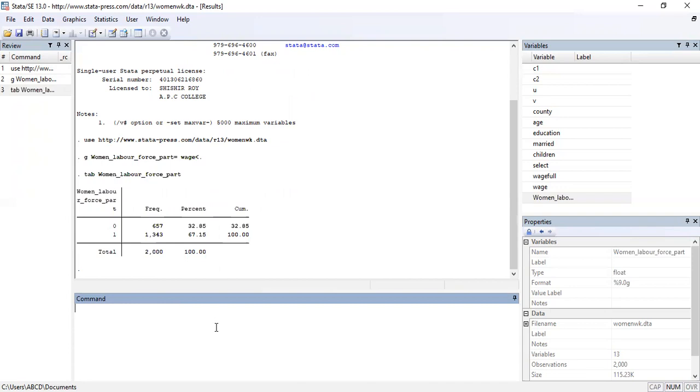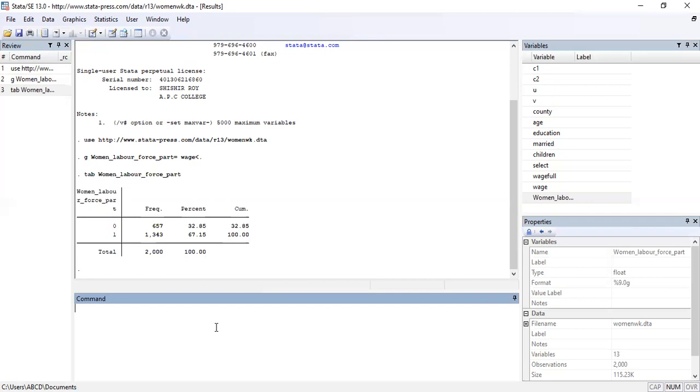On the other hand, 1 means that women aged 20 and above are participating in the labor market. So 0 and 1 indicate whether they participate in the labor market or not.